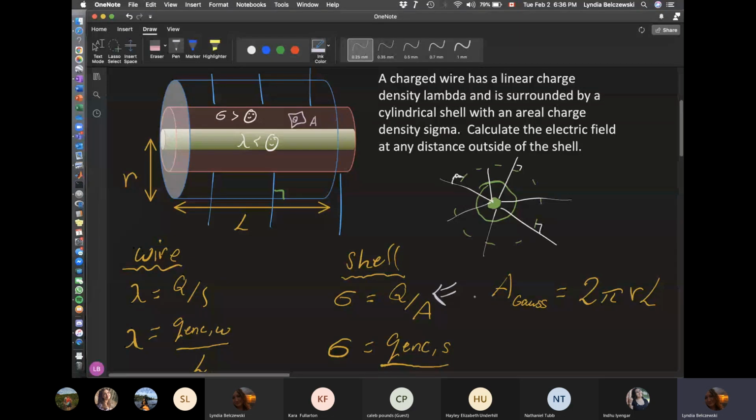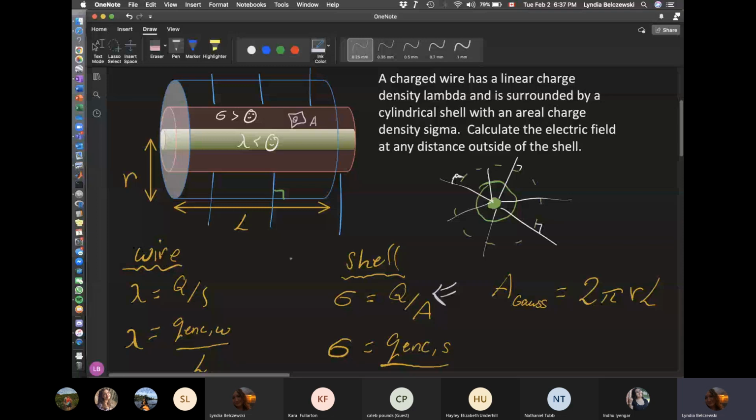What we said specifically, though, was that the charge density would be the charge enclosed by the Gaussian surface divided by the area of the surface. So that's what we said before, that it would be the area of the Gaussian surface.